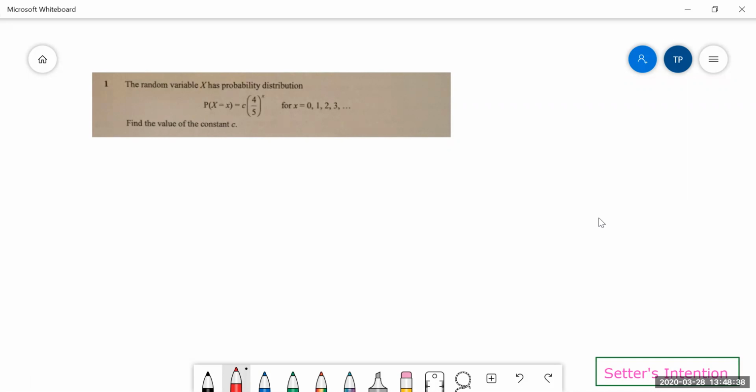Okay, so now we have to look at this question. The random variable X has probability distribution, this thing. They give you probability X equals to whatever. So firstly, the topic here has got to be discrete random variable, right? Then when we look at this equation here, this is called the what?